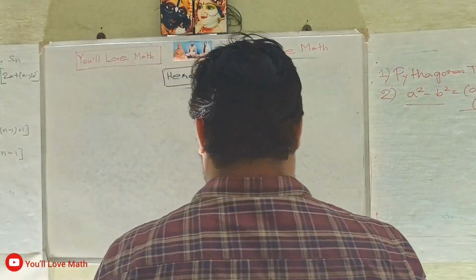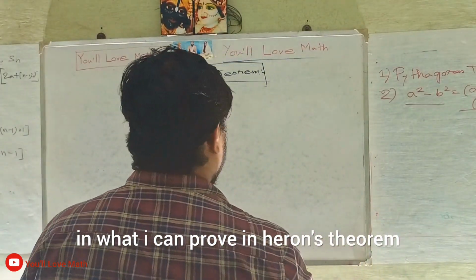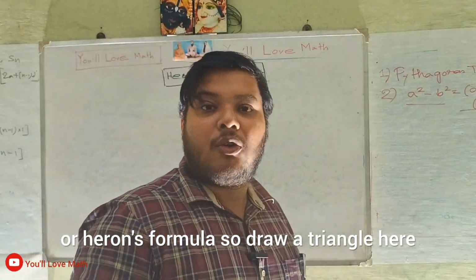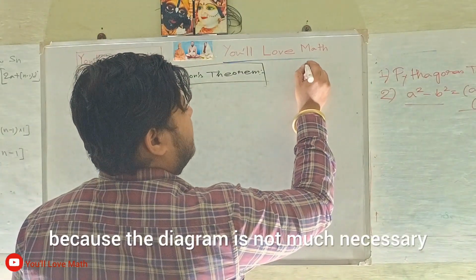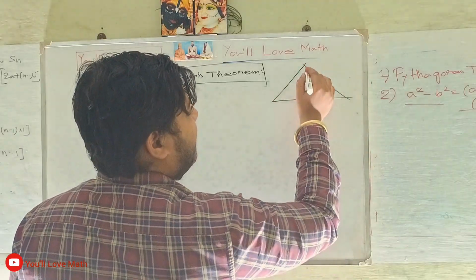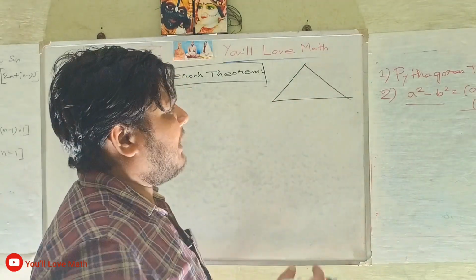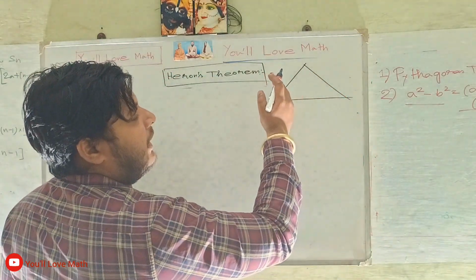So now, how can I prove Heron's theorem or Heron's formula? Draw a triangle here, because the diagram is not much necessary, but it is important. But why am I writing at the top right?